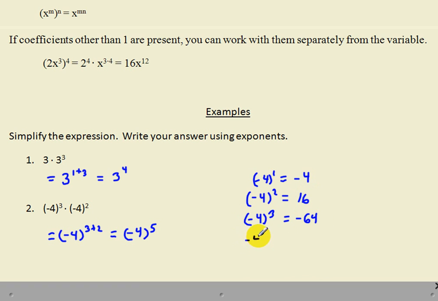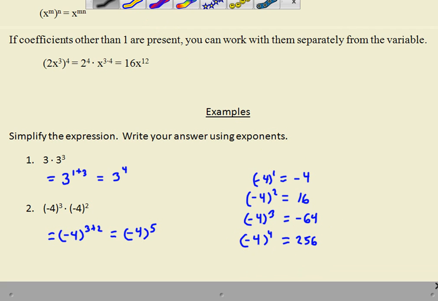And then if we looked at negative 4 to the fourth power, we end up with negative times negative times negative times negative. So negative times a negative is a positive, times a negative again, like we had here, is a negative, times a negative again is a positive. We would get a positive 256.